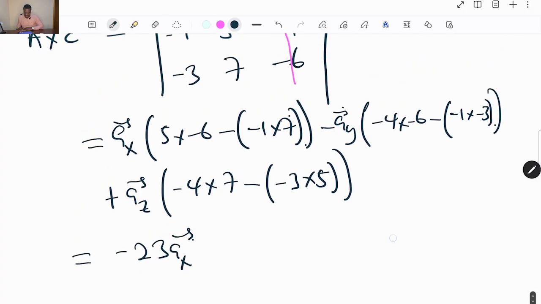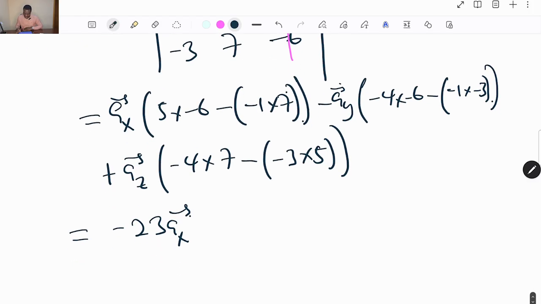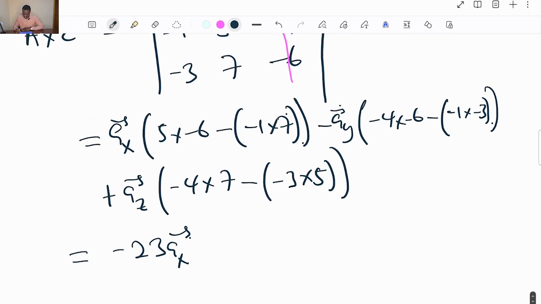Now the next one: -4 times -6 will be 24, then -1 times -3 gives 3. So 24 minus 3 is 21. With the minus in front, we have -21 along the y-axis.